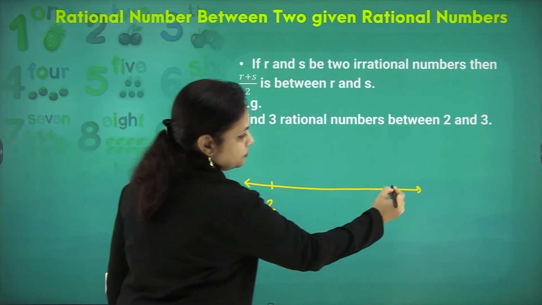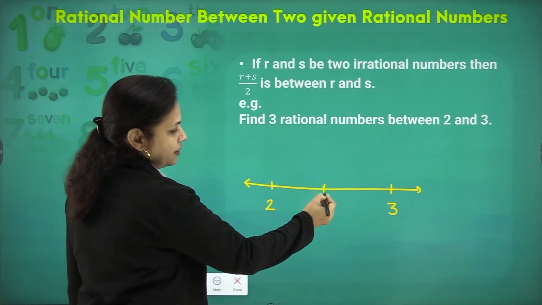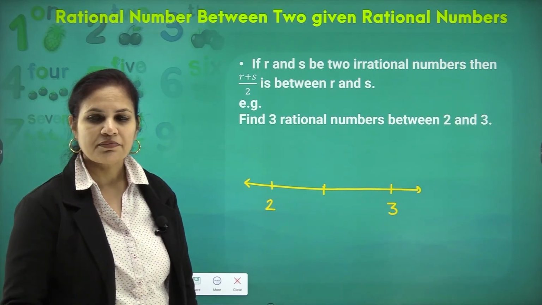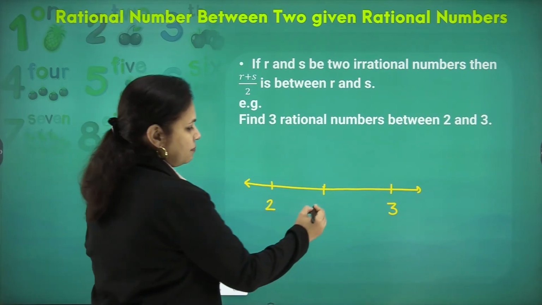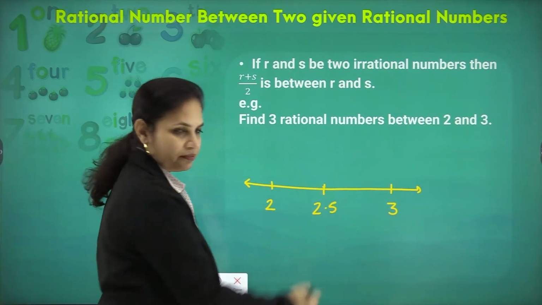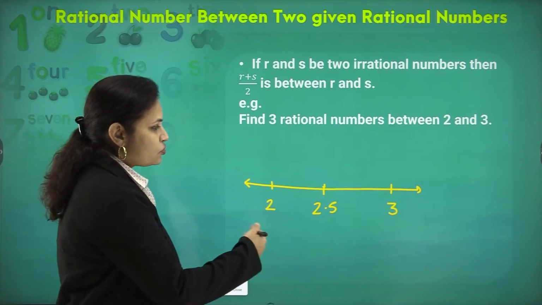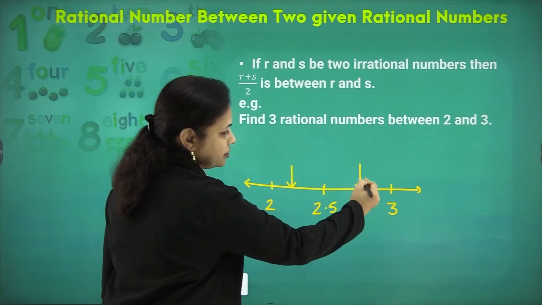This is 2 and 3. We know we can find one mid value by adding 2 and 3 and dividing by 2, and between 2 and 3 the mid value will be 2.5. But this is just one value. Two more values can be inserted here and here.